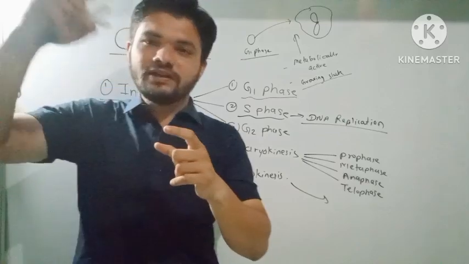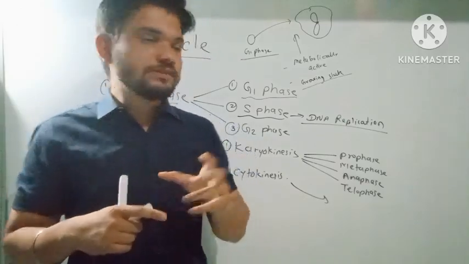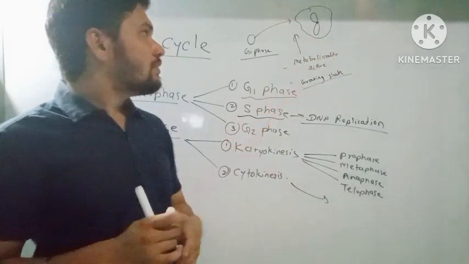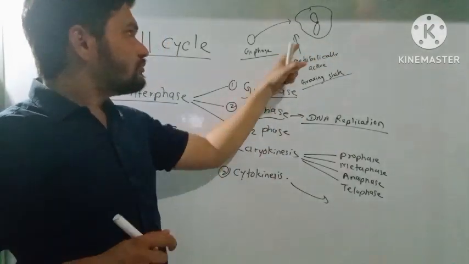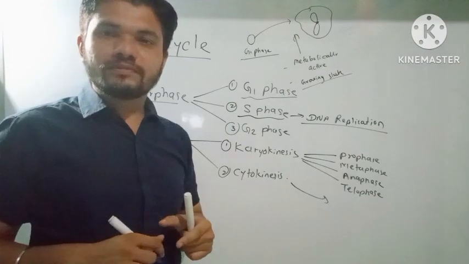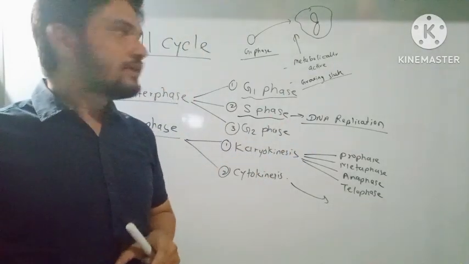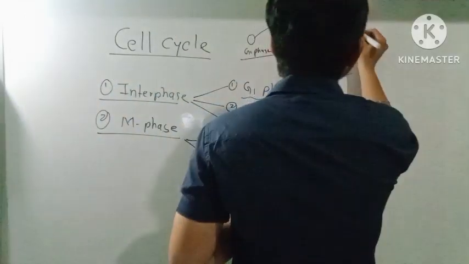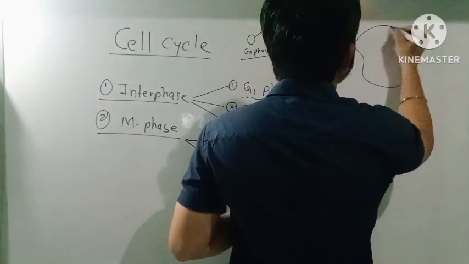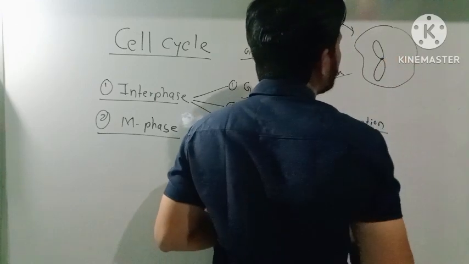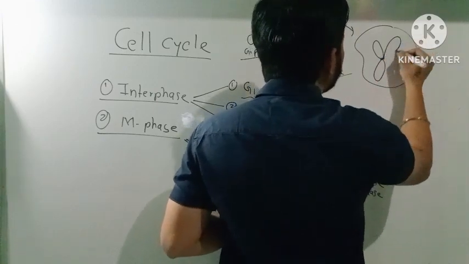It does not have two sister chromatids because it has not done DNA replication yet. So where are these chromosomes going to double their DNA? In the S phase. In the S phase, you will see the chromosomes doing replication, the DNA is doing replication, and then they will appear like this.